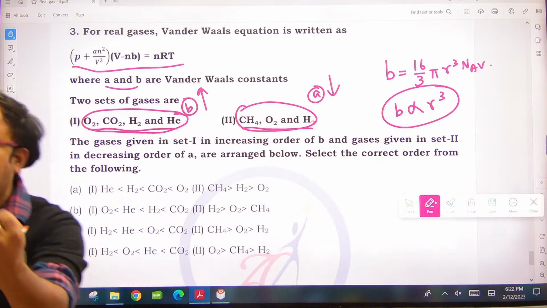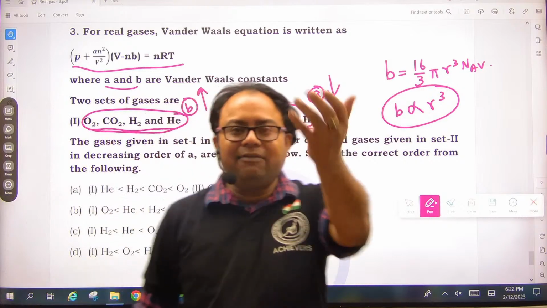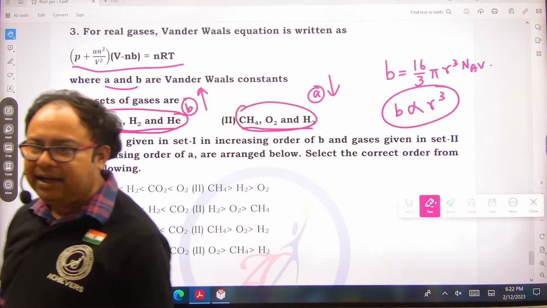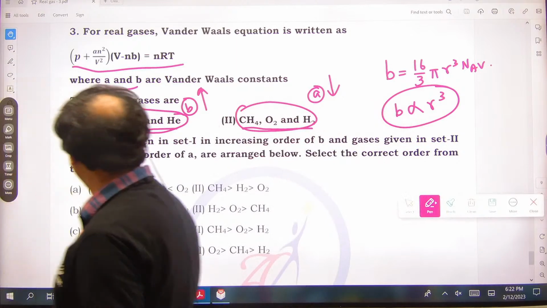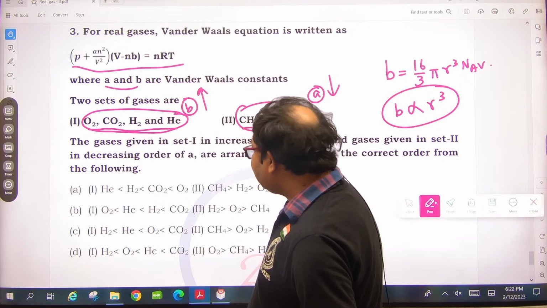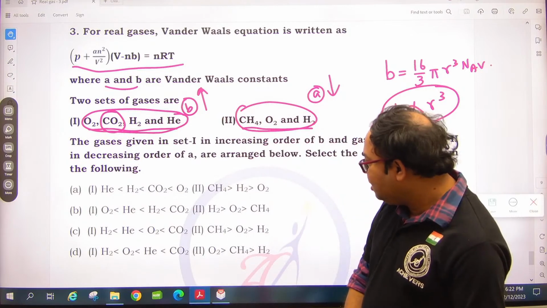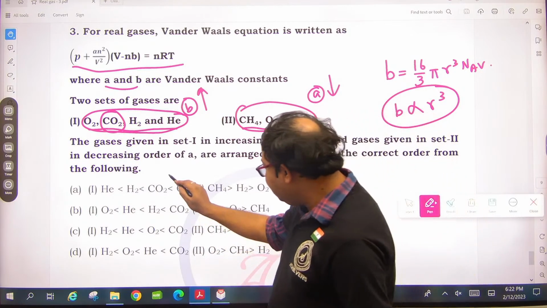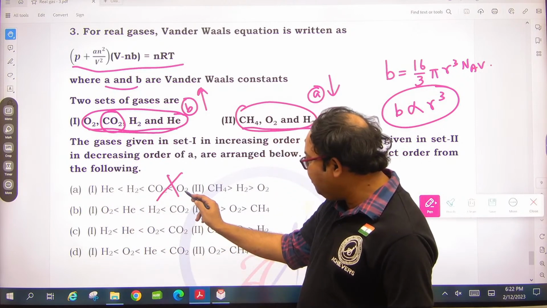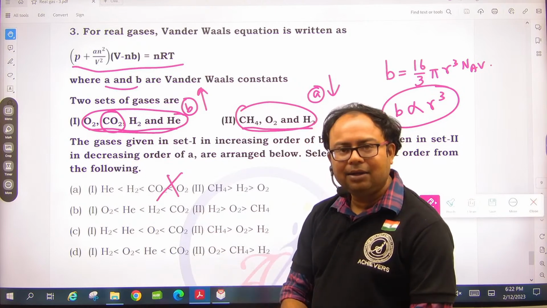So greater is the molecular radius, greater will be the value of B. So obviously, carbon dioxide will have the highest value of B. So you can cancel out option A, because in option A you have oxygen as the highest value. So any of these three options are correct.